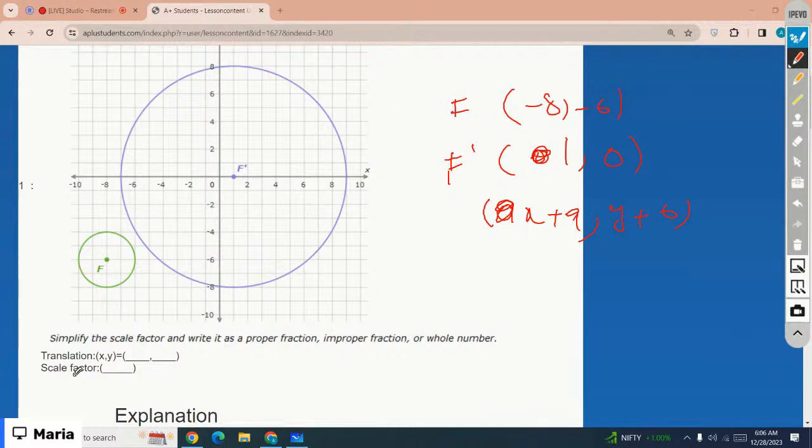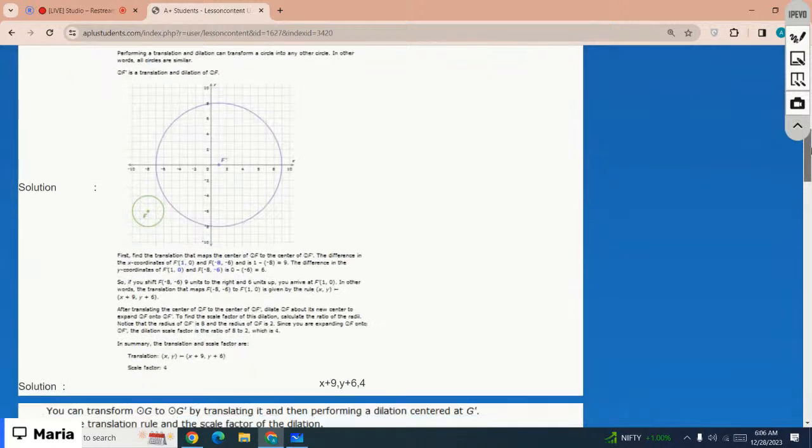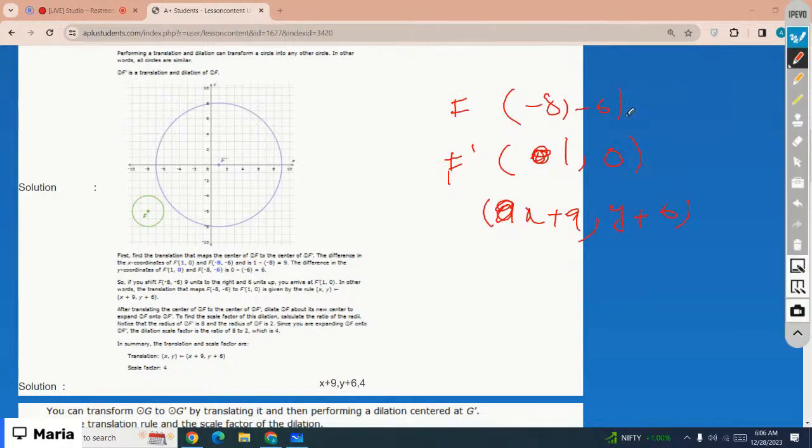Now you have to find the scale factor. So F is (-8, -6) and you have to find the scale factor. So how do you find the scale factor? If you shift, the center of the small circle is (-8, -6) and F dash is (1, 0).